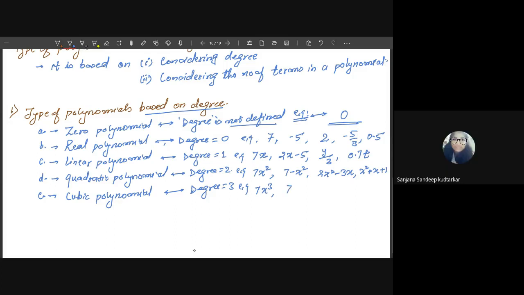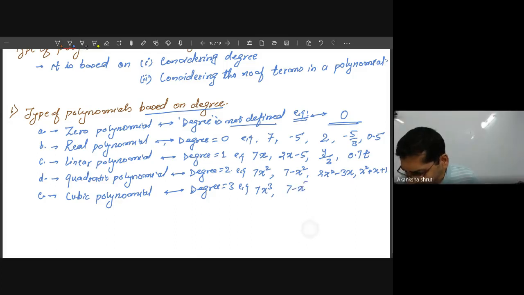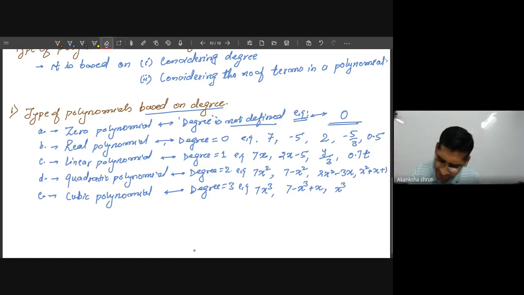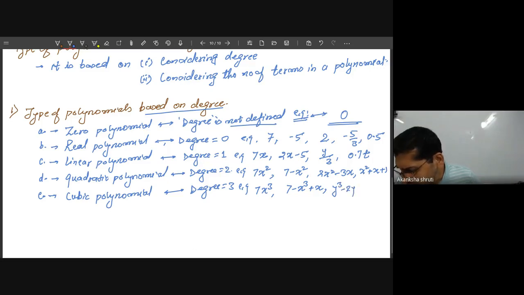If you write 7 minus x cube plus x, it is also. You may write anything, but the highest power must be 3. In place of x, we are free to use another variable like y or t. So y cube minus 2y square plus y minus 5.